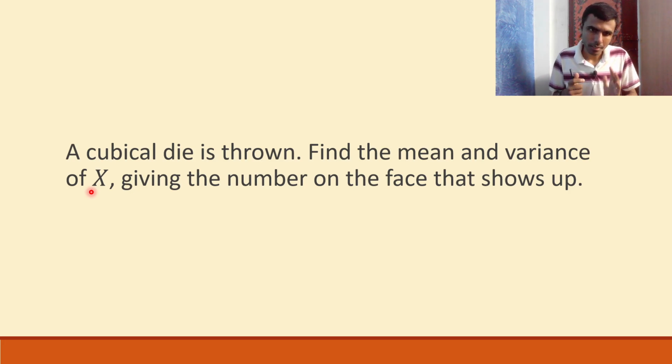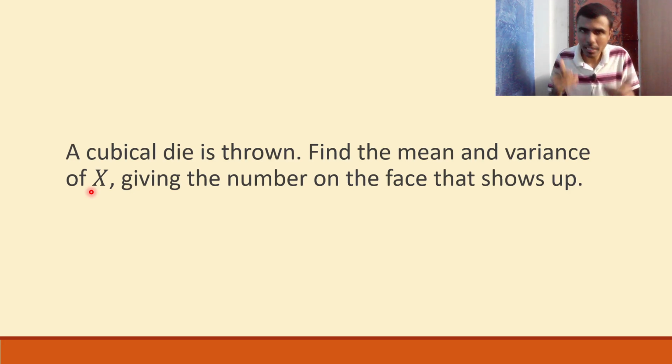Now, listen. What is the probability that number 1 will come? There are 6 numbers. Any one of the 6 numbers can come. For 1 to come, the probability is 1 by 6. What is the probability that 2 will come on the die?